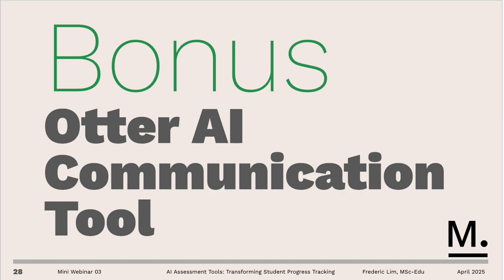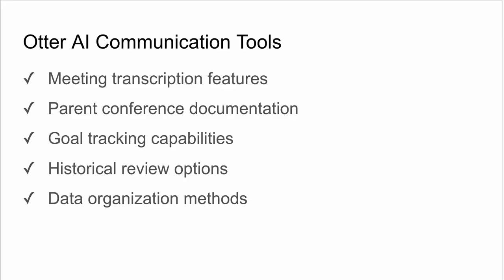This is the bonus tool, the Otter AI Communication Tool. It has meeting transcription features and parent conference documentation. When you meet your parents, you can show them documentation. It also helps you track goals you can set with students or parents. You can mark important points in conversations.